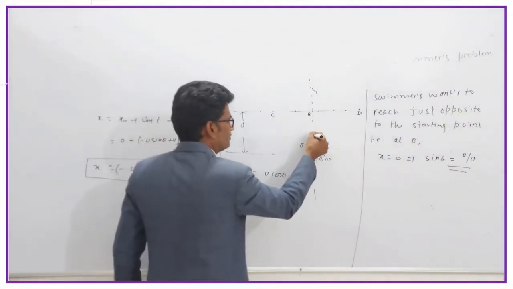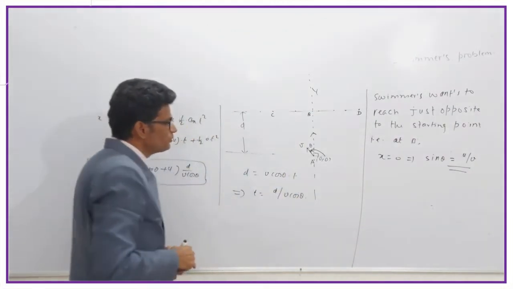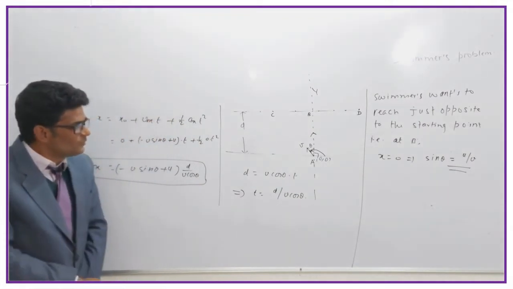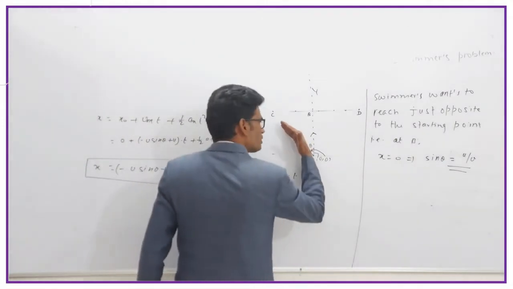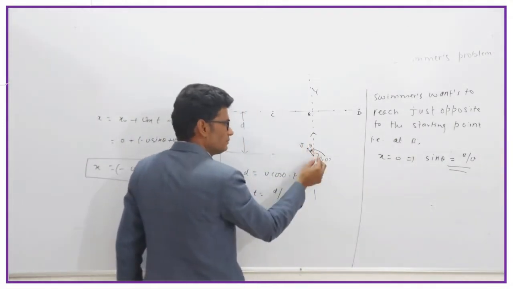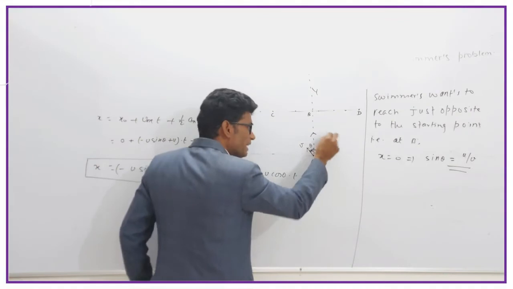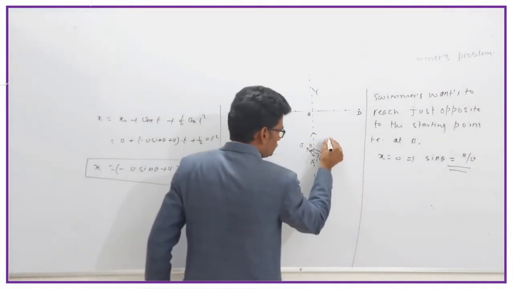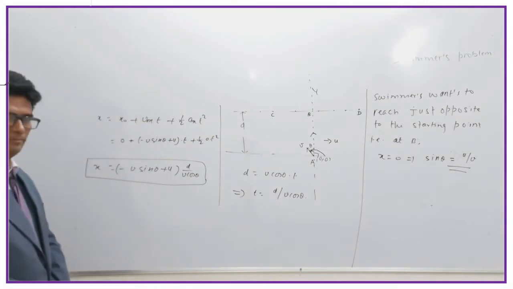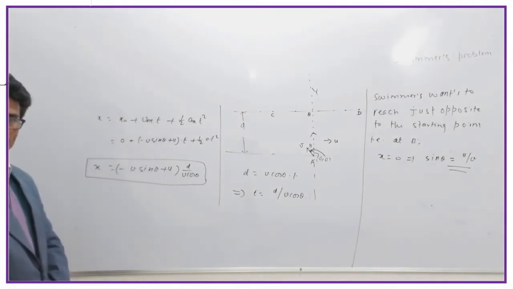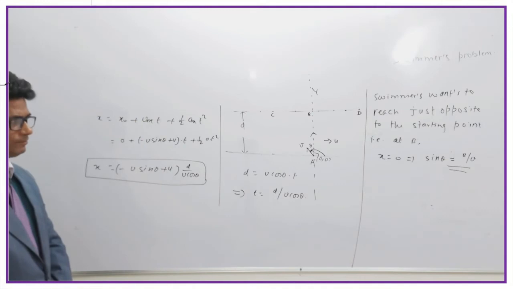This is the path. Look, the swimmer swims in that direction, but the path is this, due to dragging of the flow.